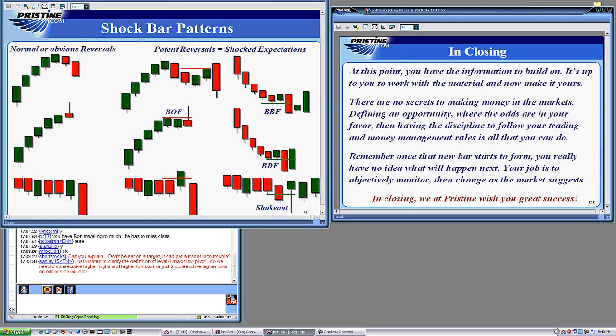So when I say don't get set on that target, it means don't rationalize information that says it's not getting there. If you get a potent reversal down, you get a breakout failure, accept it, and don't avoid that information. That's the point there.